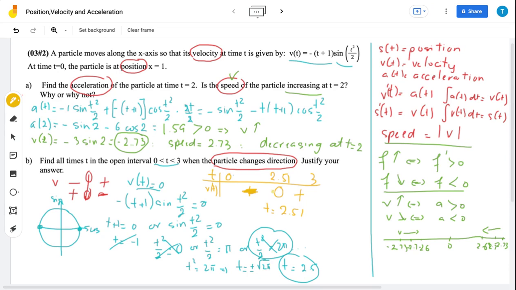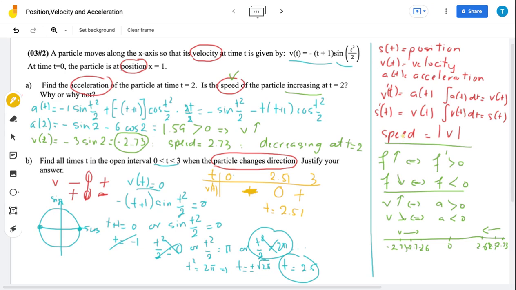So that's how you solve the problem about position, velocity, and acceleration. Let me summarize what we learned in this section. First, the derivative of position is velocity, and the inverse, the antiderivative of velocity, is position. The derivative of velocity is acceleration, and the antiderivative of acceleration is velocity.